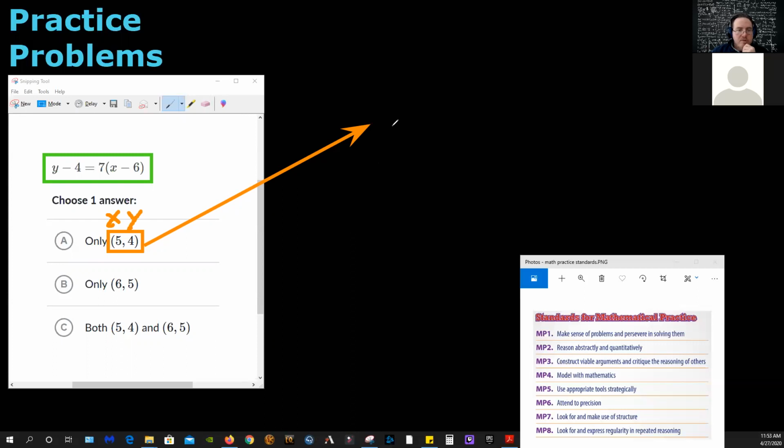So that'd be y, which is 4, minus 4 equals 7, parentheses, now the x value is 5, 5 minus 6. So the y value is 4, check. The x value is 5, check. So y minus 4, so 4 minus 4 equals 7, parentheses, 5 minus 6.